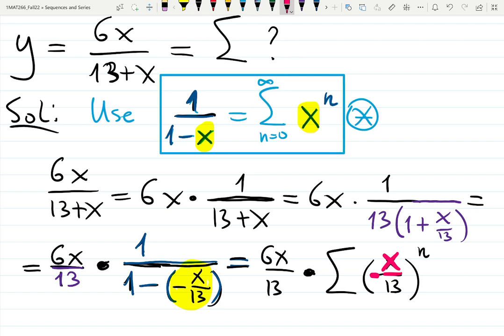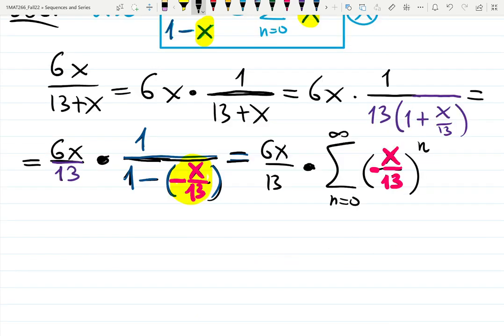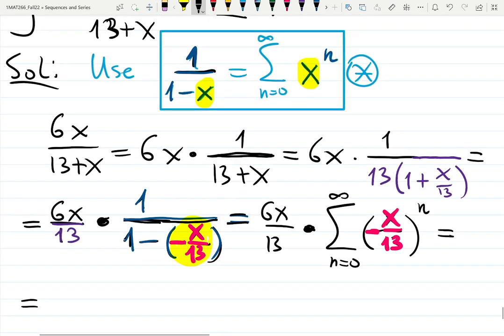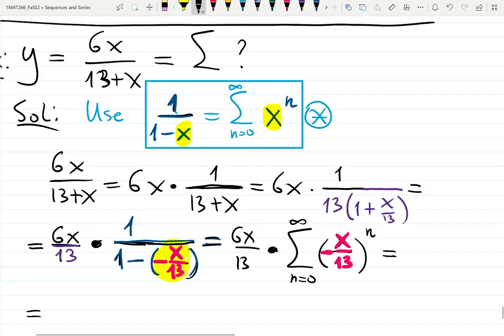Minus x over 13, n from 0 to infinity. This is how we use the formula. We're almost done. Does it make sense? This step was pretty challenging. We did some algebra and we succeeded. It looks easy when I'm doing it, or maybe it's not, but can you do it by yourself though?